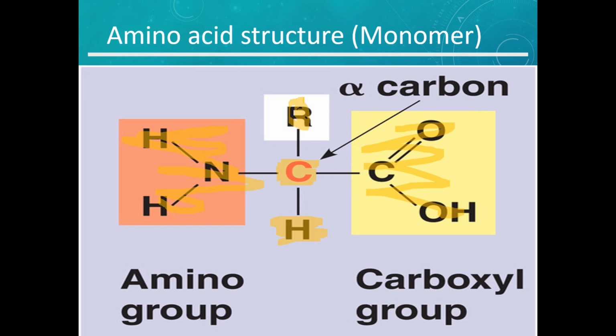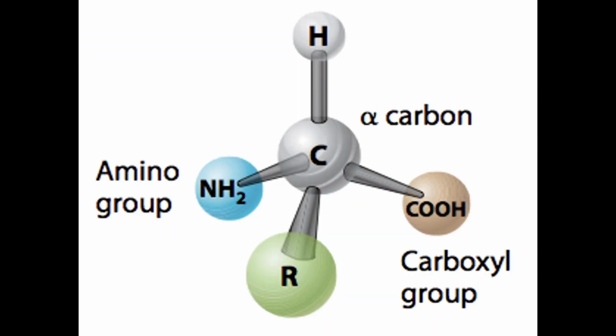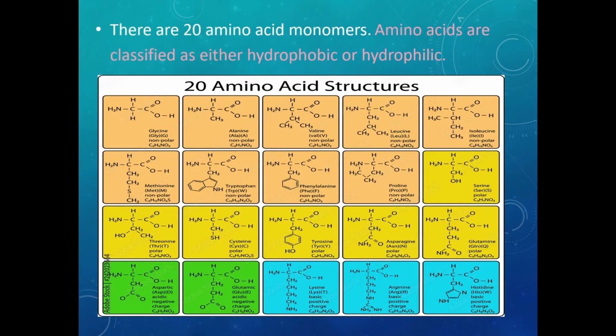So basically we have one different group, which is the R group, that made the 20 amino acids different from each other. So the R group, we have here 4 different choices. We are changing, okay, to have the 20 amino acids, and those are the 20 amino acids.